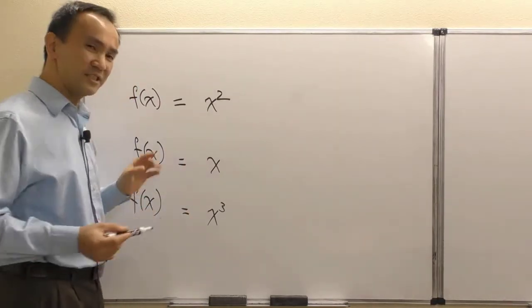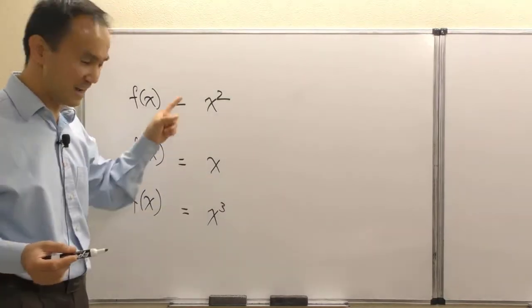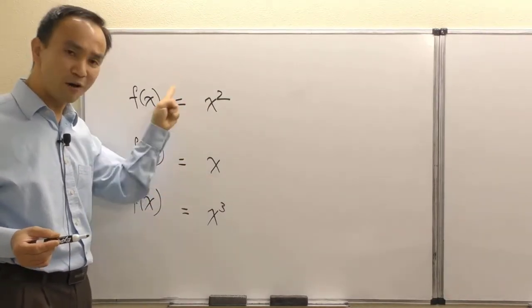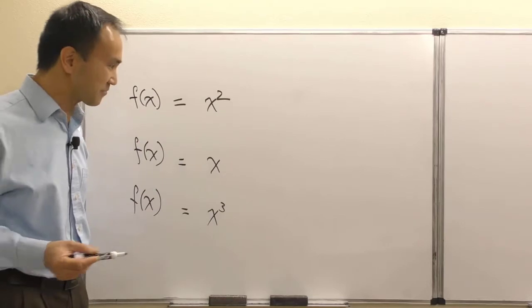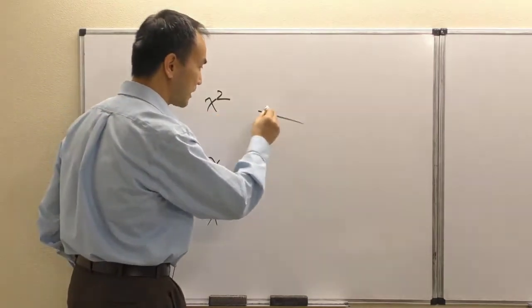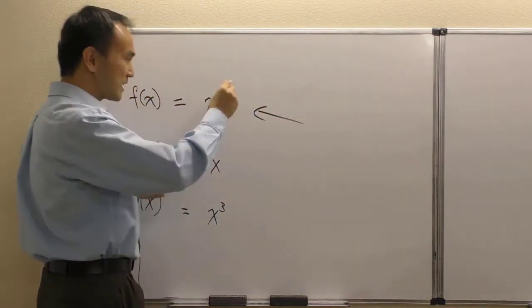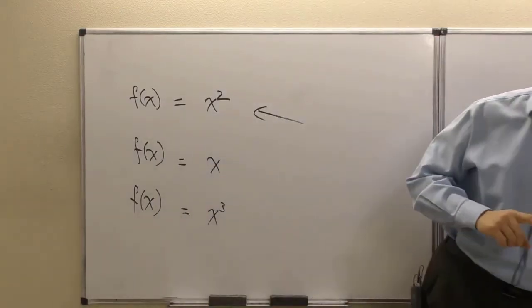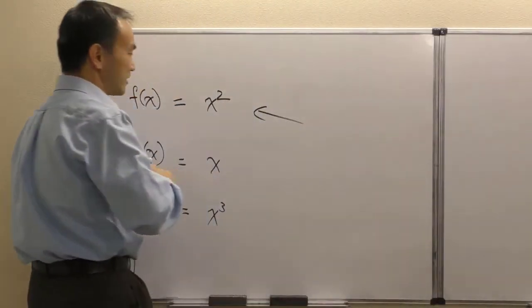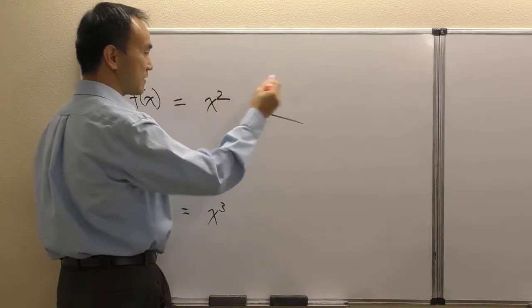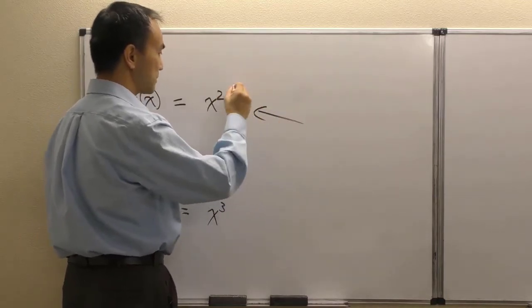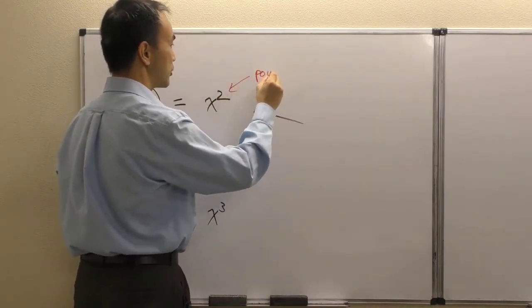But there is one common thing that exists throughout all of these three functions. Let me make a note of that. With this one here, the anatomy is that it's a variable x being raised to power 2.